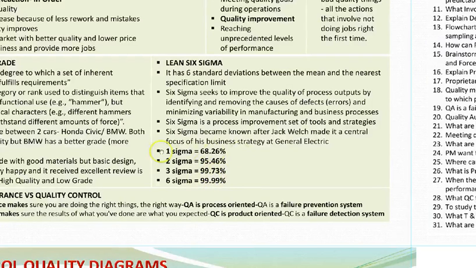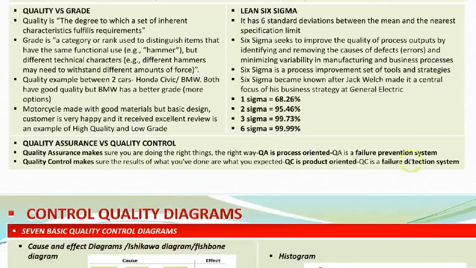And the answer in that case is 68.26%. The next question, what is the difference between QA and QC? And we already covered that before. QA is process oriented, QC is product oriented. QA is a failure prevention system and QC is a failure detection system.